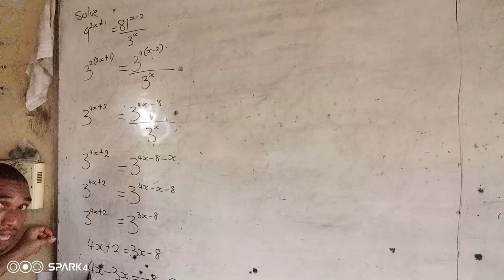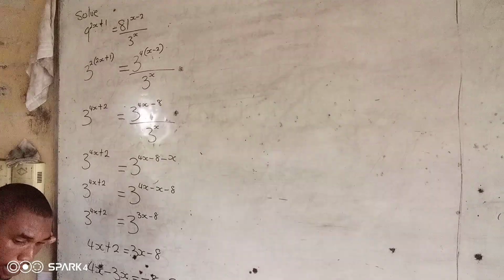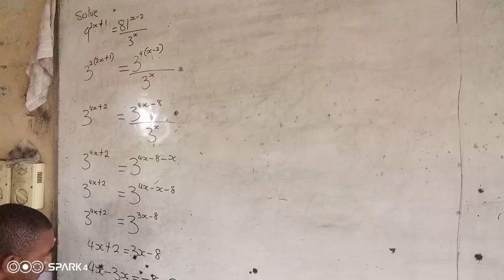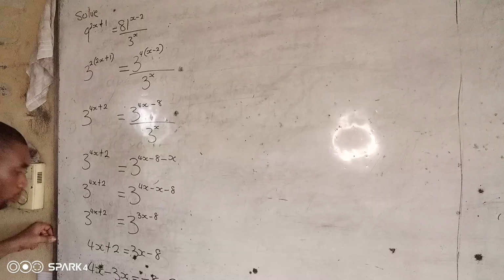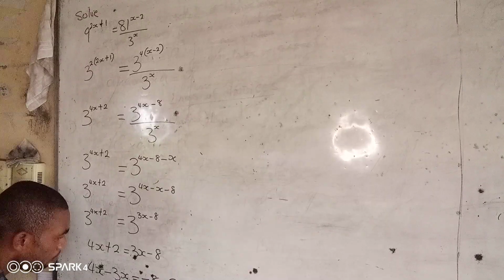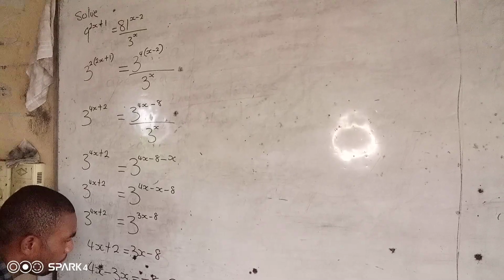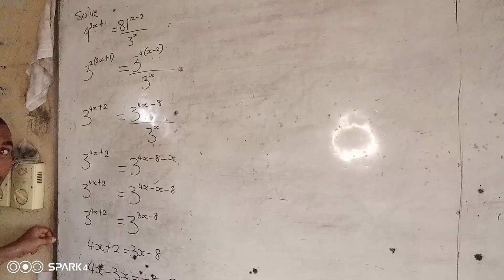The coefficient of this x here is 4. So 4x minus 3x is x is now equal to minus 8 minus 2 is minus 10. So that is my final answer, x is equal to negative 10.